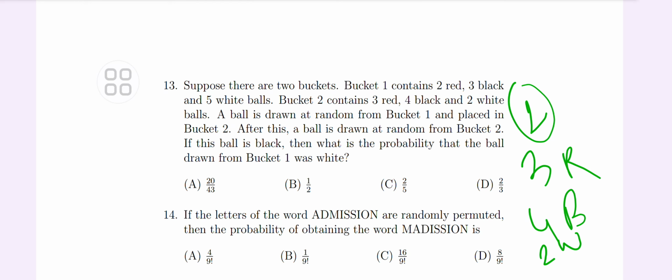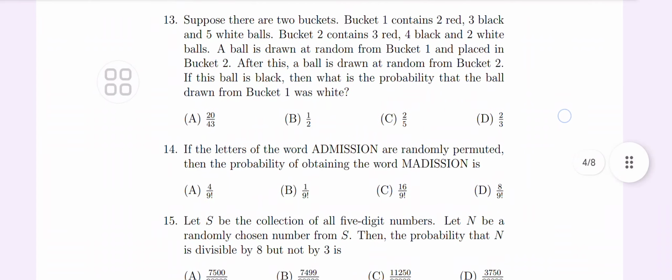After transferring a ball from bucket 1 to bucket 2, it has a total of 9 balls, because I have transferred a ball from bucket 1 to bucket 2. That is, it was having 3, 4 and 2, now it is 3, 5 and 3. So if a black ball is drawn from bucket 2, the probability that the ball drawn from bucket 1 was white is the number of white balls in bucket 1 divided by the total number of balls.